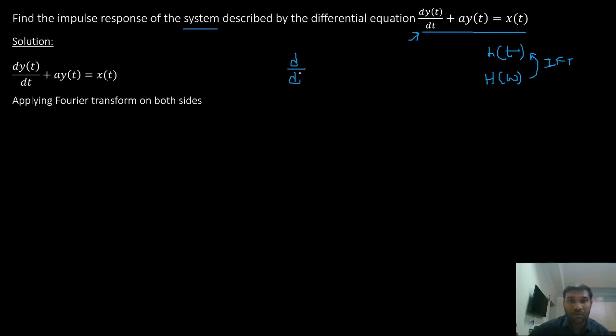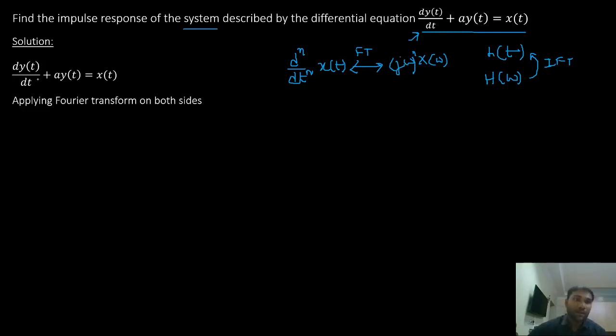According to the time differentiation property, d by dt of x of t is nothing but j omega into x of omega, right? If I have d power n by dt power n, then I'll have j omega whole power n.